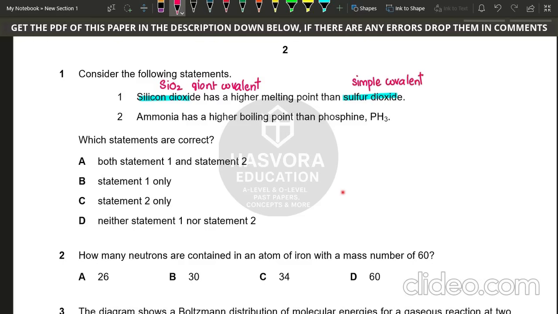Giant covalent structures have strong covalent bonds, and will have a higher melting point than sulfur dioxide. So this statement is correct. Statement 1 is correct.